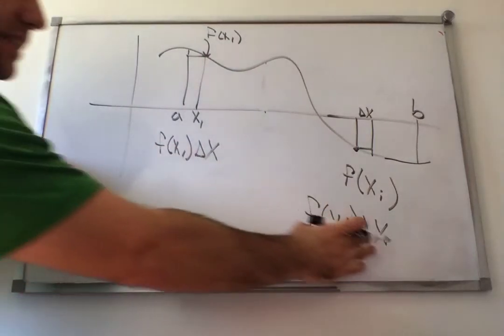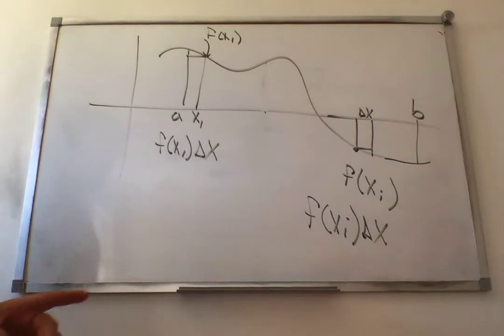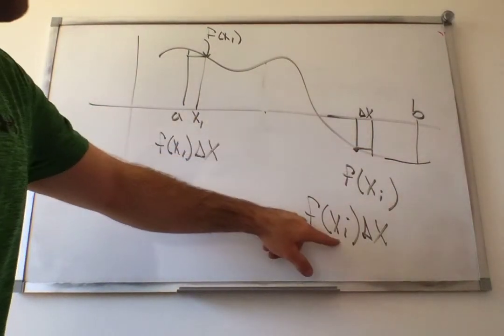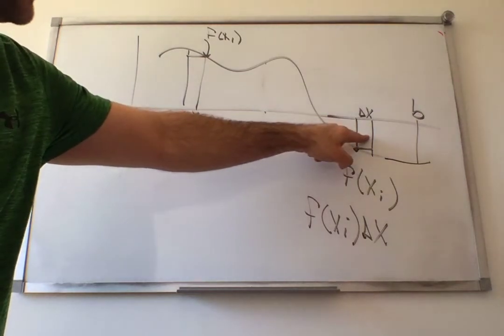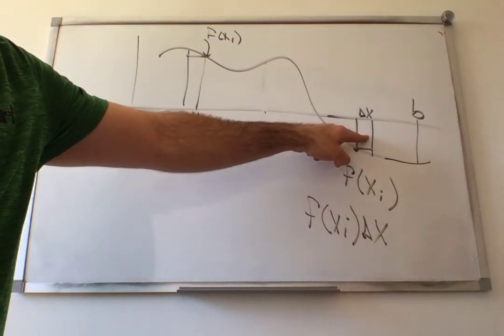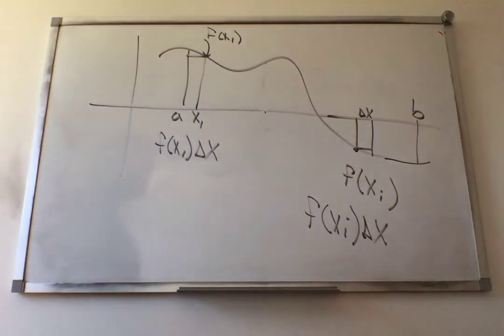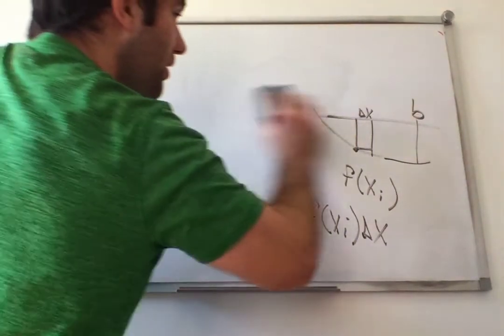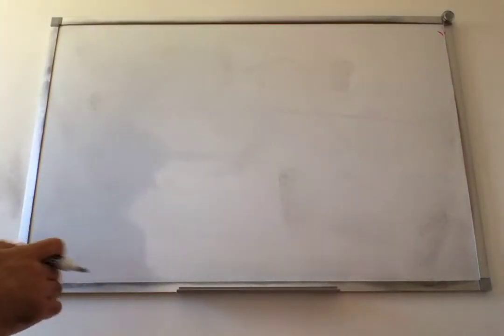The form didn't change. It's still the area of the rectangle, but now look, this f of x sub i is a negative value. So when you find the area of this rectangle, it's going to give you a negative area. So when you are finding definite integrals, when the curve is above the x-axis, you're going to have positive area. When the curve is below the x-axis, you're going to have negative area.